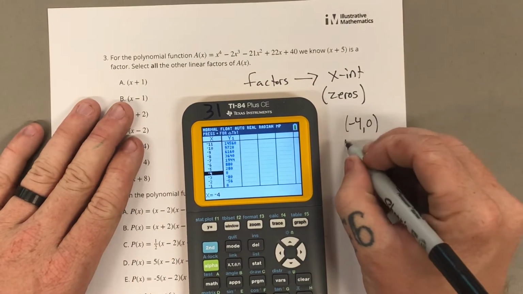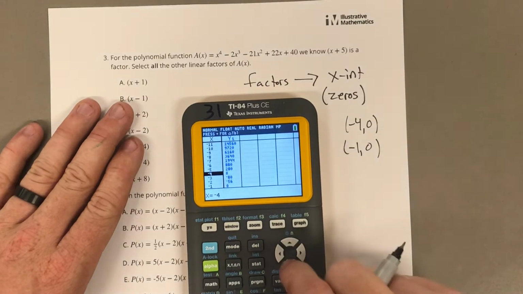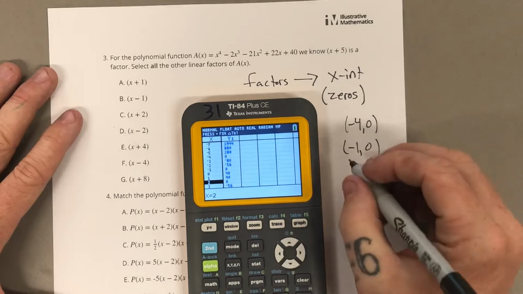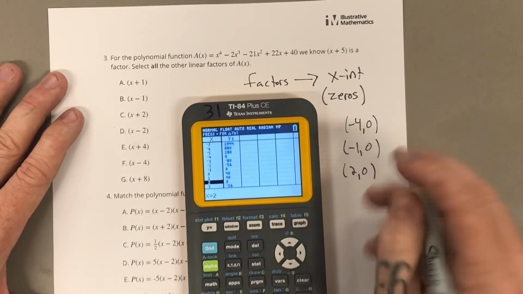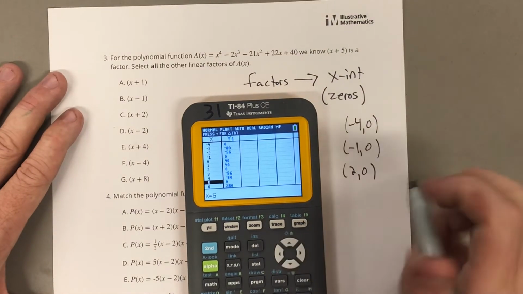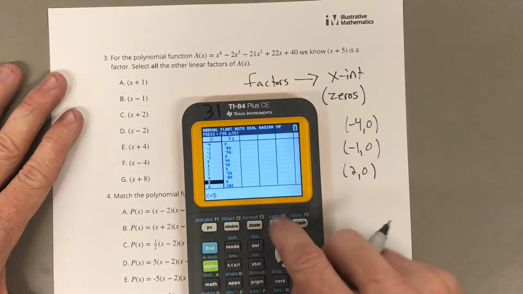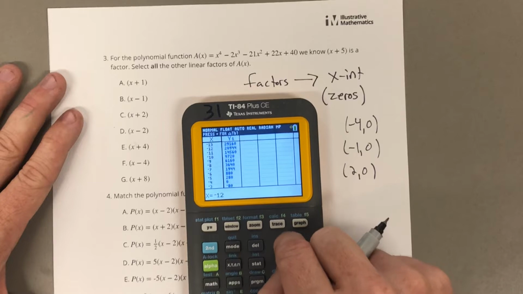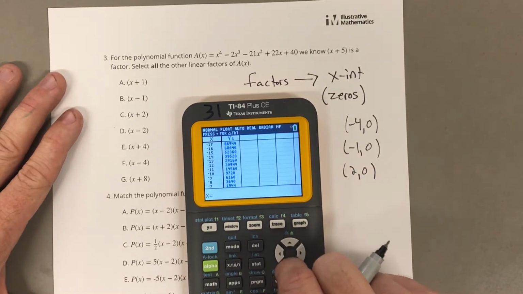We have one at -1. You can see right there, -1 and 0. 2 and 0. And see if we see any more. That's it.